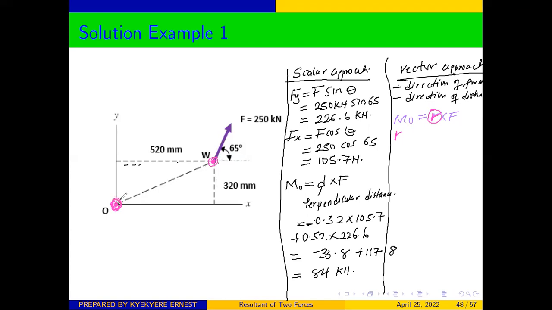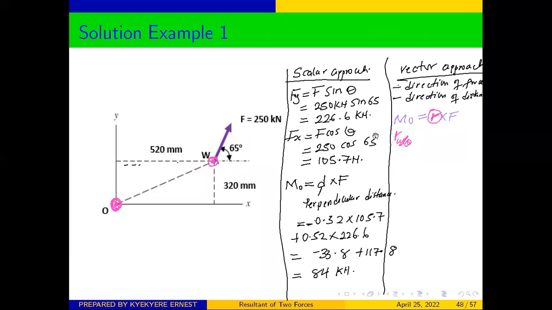In this case, we are taking our moment at O. So we want to get to W, where the force is applied, starting from point O. Take note of that.